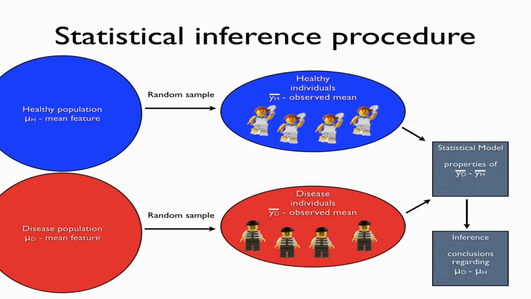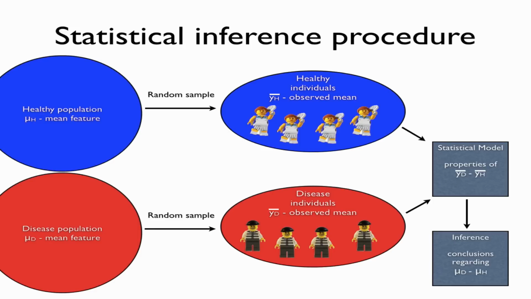So I demonstrate this scenario with a somewhat arbitrary example here, where we have defined a healthy population as well as a diseased population. Each of those populations has a certain feature that we're interested in studying. We call it the mean of that feature mu here for the sake of the argument. And our interest here is to make an inference procedure that can give us a conclusion regarding the difference in these mean features between the healthy and the diseased population.